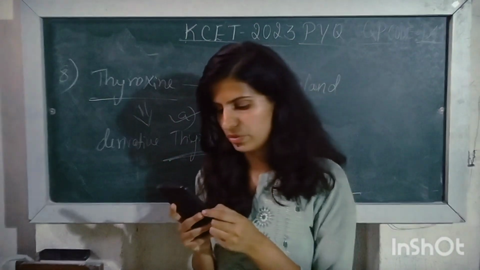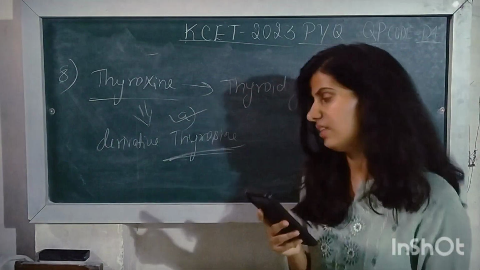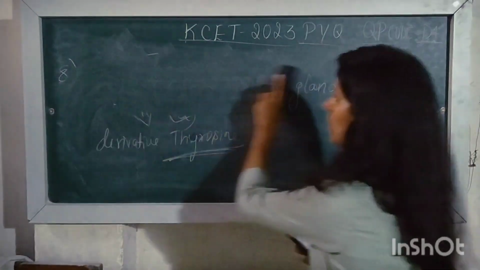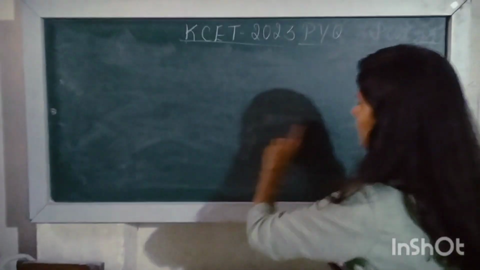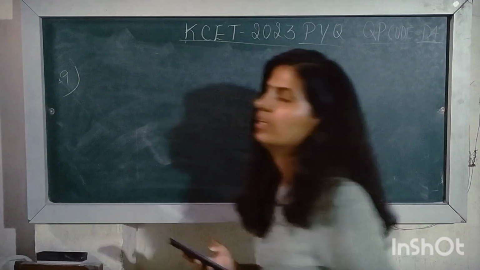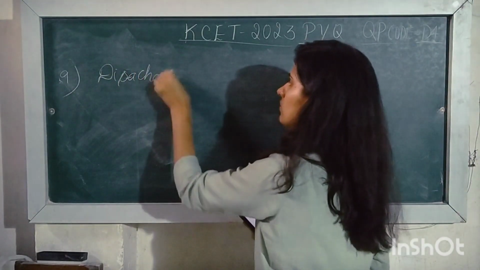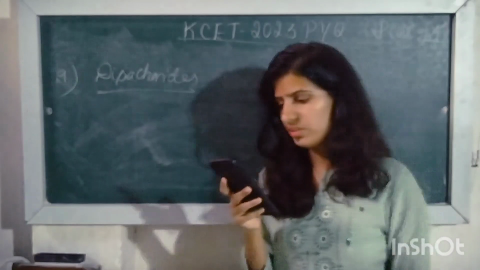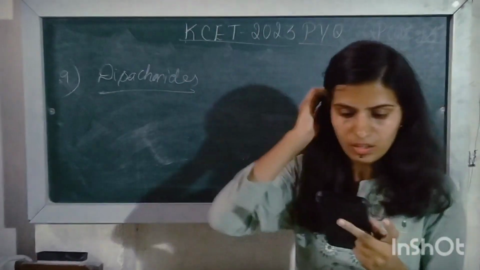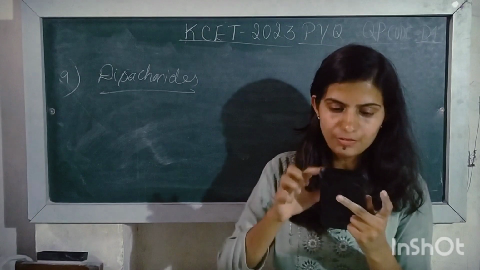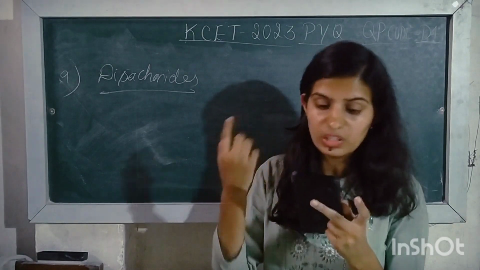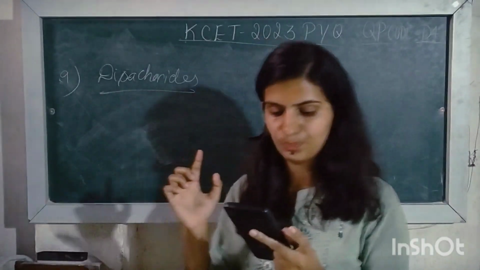Let's move on to the next question, that is the ninth question, that is also from biomolecules, from the topic disaccharides. The question is like this: sucrose is dextrorotatory. After hydrolysis, the mixture shows levorotation. This is because of sucrose.